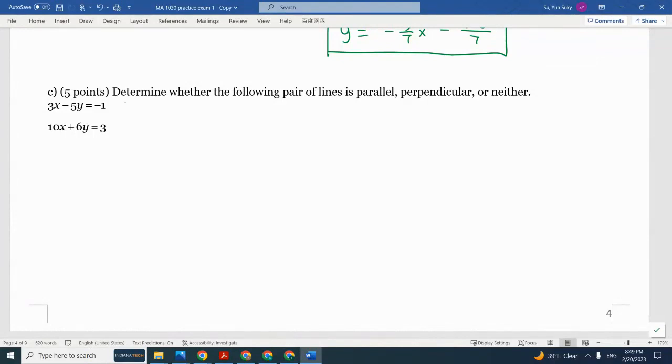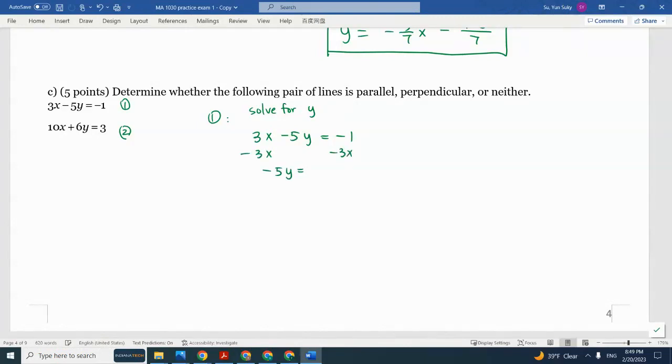Let's find the slope. For number 1, find the slope, which means we want to solve for y. Then you get slope-intercept form. So 3x minus 5y equals negative 1. Subtract 3x.